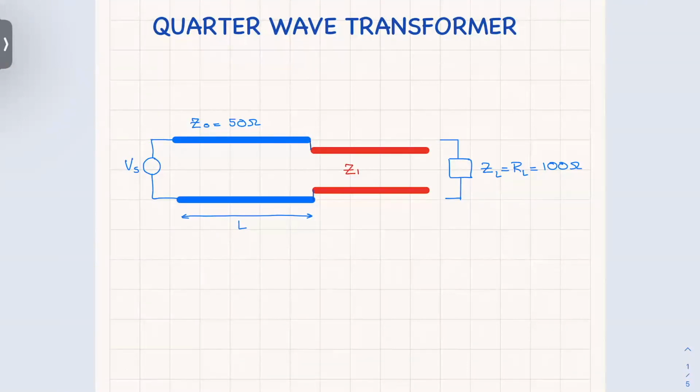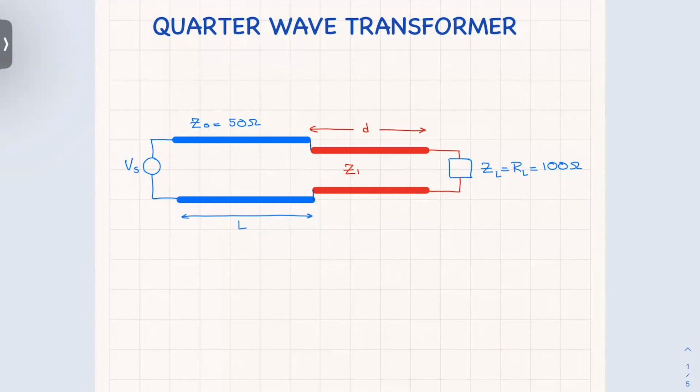What I know is that now I want to connect this load to this line here. And then I want to find the length of this line, which is D, and its characteristic impedance.